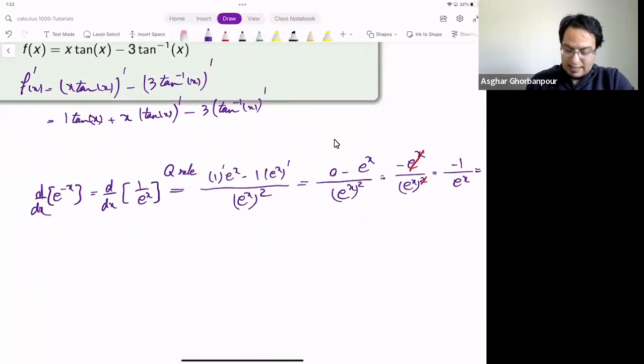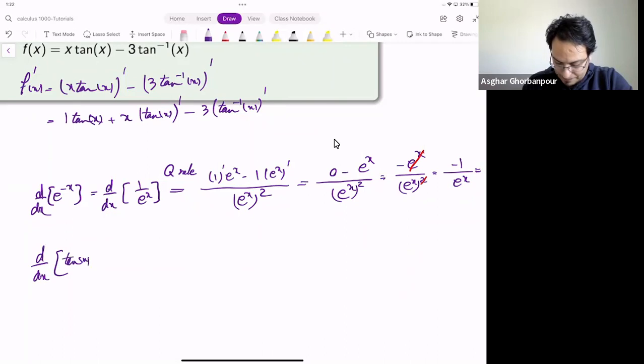I have been saying that if you know the derivative of sine x, well, actually the derivative of sine at 0, you can find the derivative of every other trig function at any given point. How about we apply this one, try to see how far I can do that. For tan x, this is the derivative of sine x over cosine x.